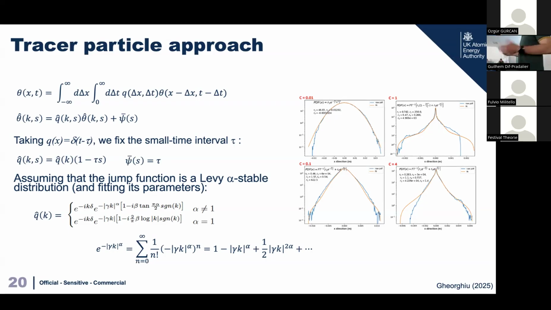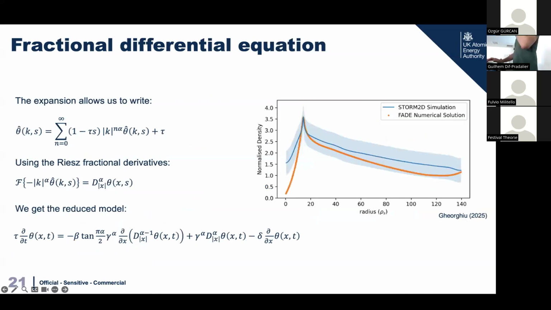If alpha is 2, you get a Gaussian. If alpha is different from 2, you get a generalized Levy alpha distribution. Now, if you replace this expansion in the expression that I had above in Fourier space for my evolution of my thermodynamic variable, you can find that you have terms that are proportional to kappa to the alpha.